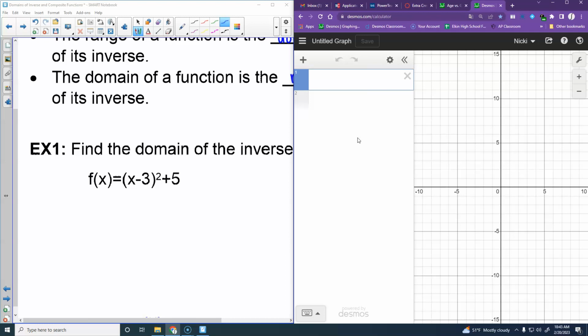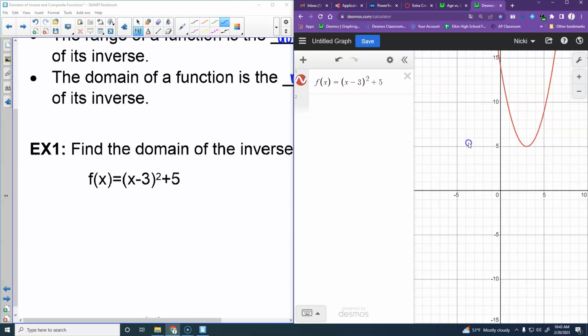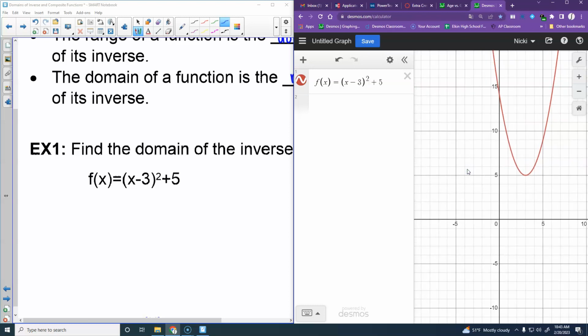There will be some problems where I will probably include the graph for the original function, but it will not be on Desmos. It will not be interactive.